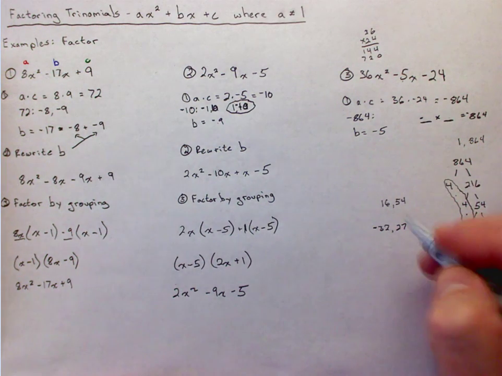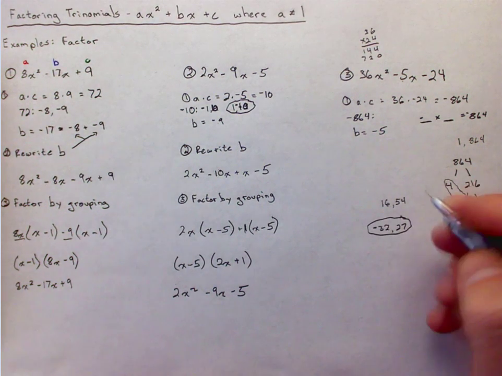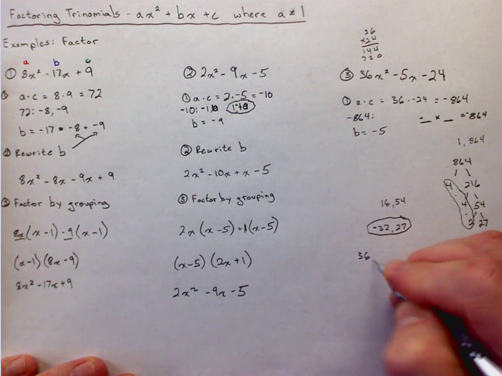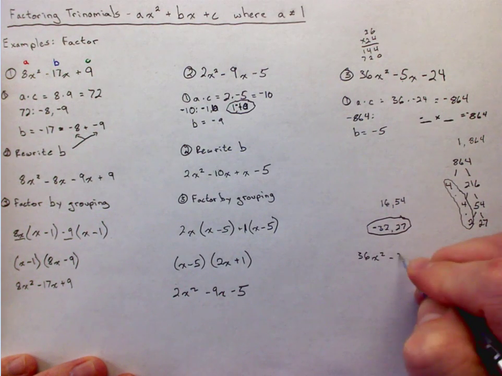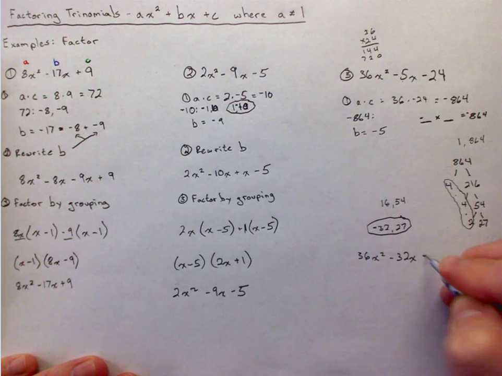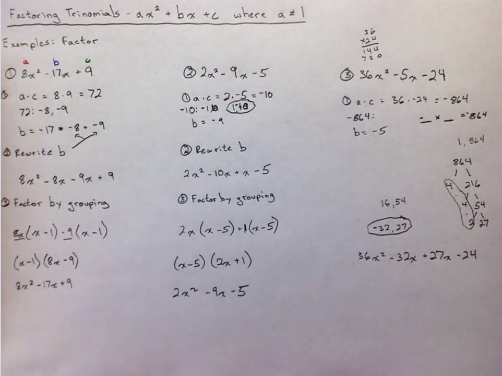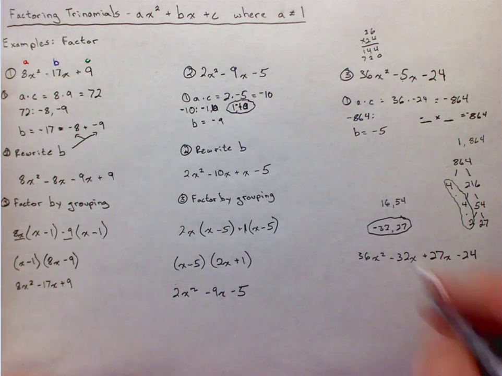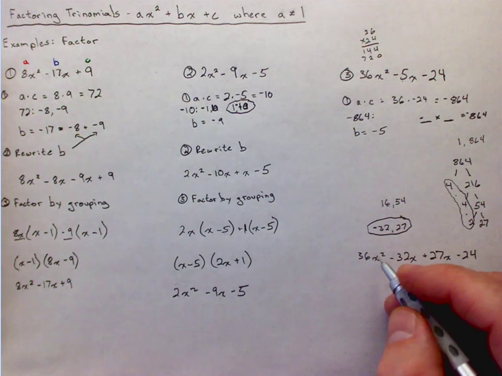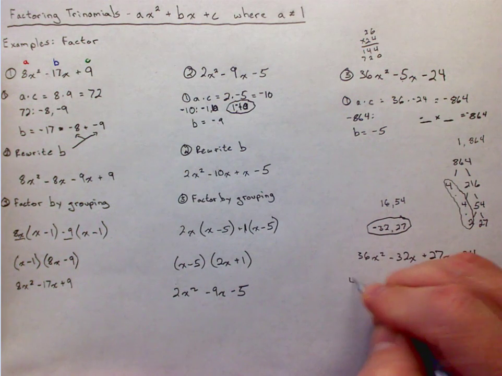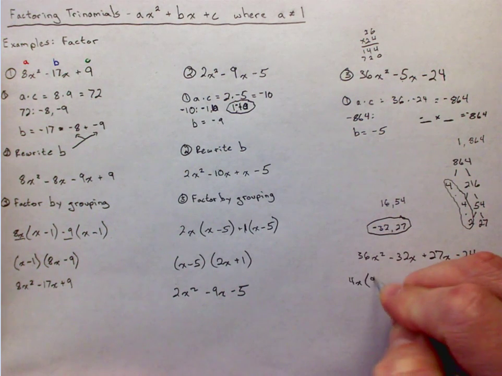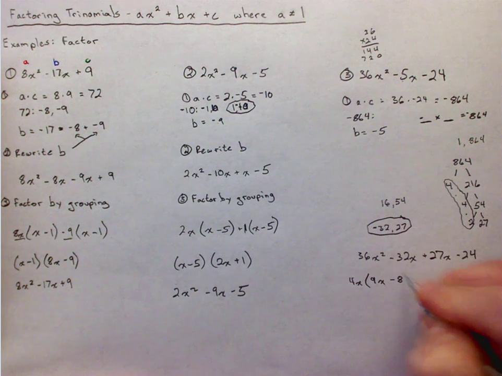So I know that my two factors are this. So what I have is 36x squared minus 32x plus 27x minus 24. And I will factor by grouping. For this one, I can pull out a 4x, and that'll leave me with 9x minus 8.